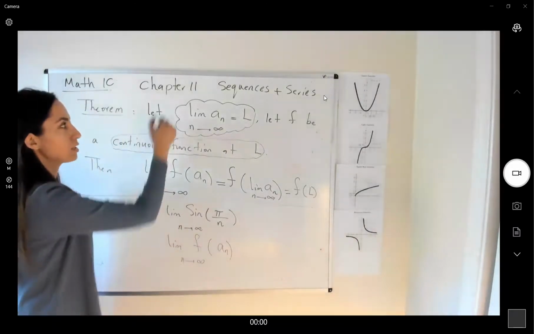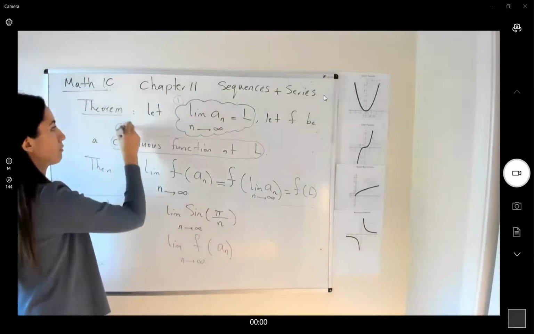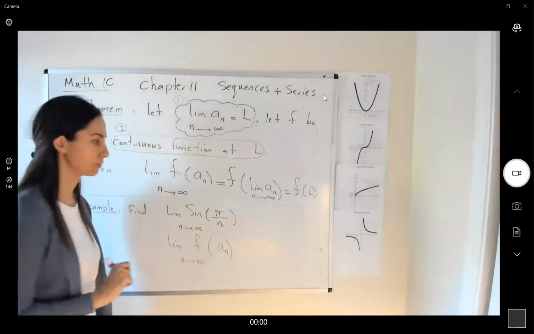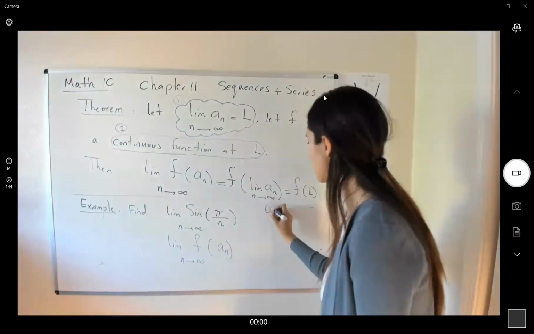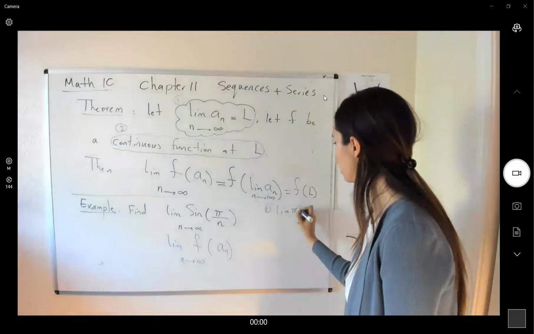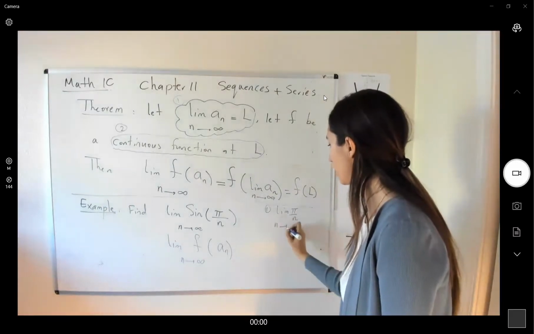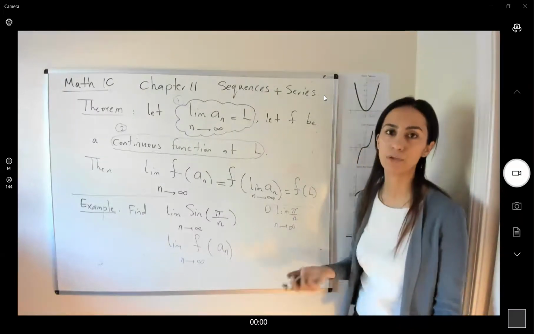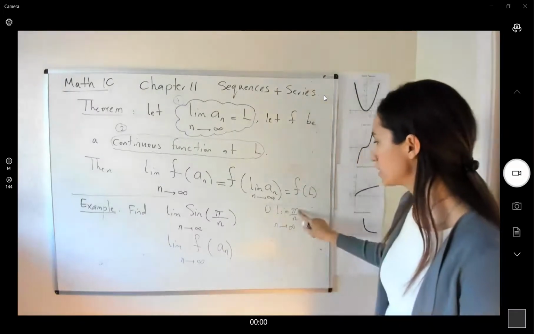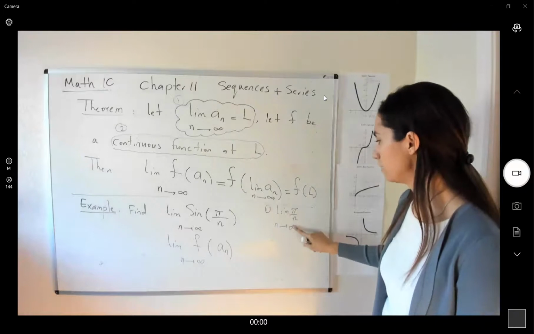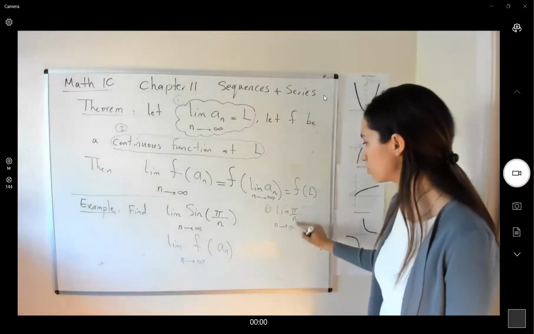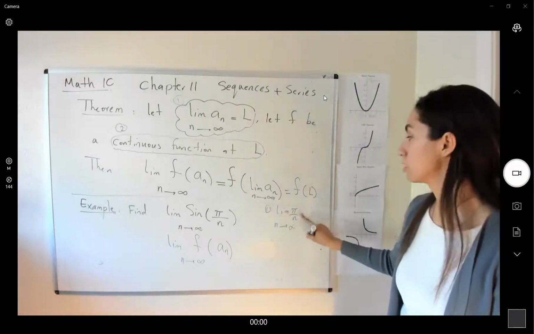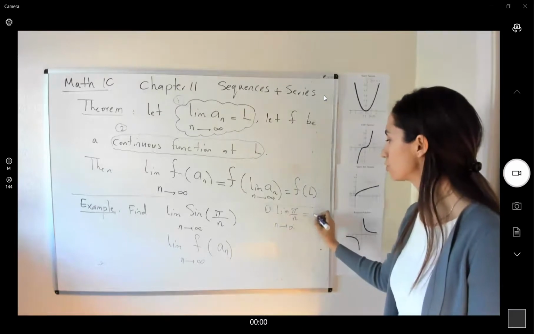Let us check these two conditions. The first condition says the limit of pi over n while n goes to infinity must exist and it must be equal to a number. Since you have pi over n while n goes to infinity, you have a constant divided by infinity, which is equal to 0.